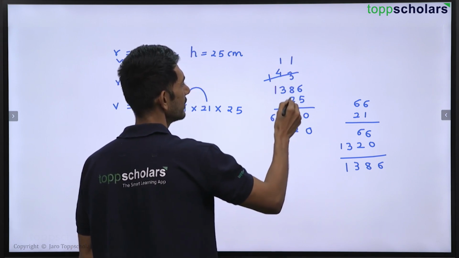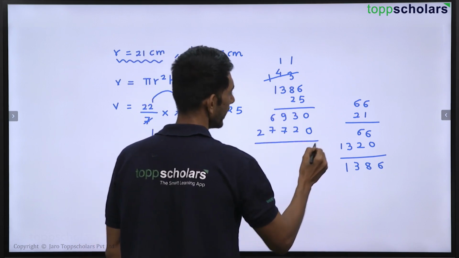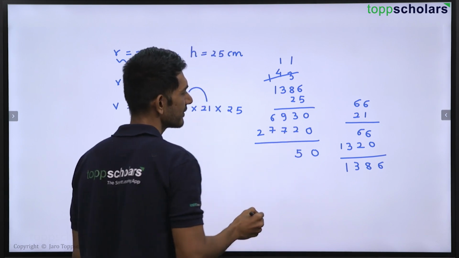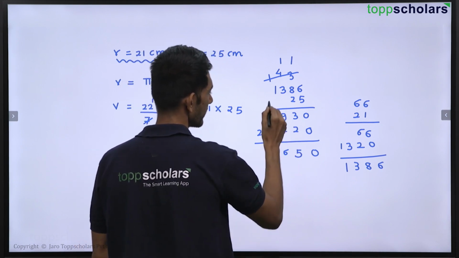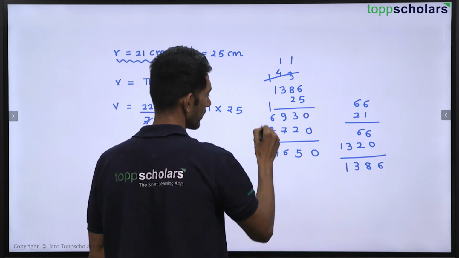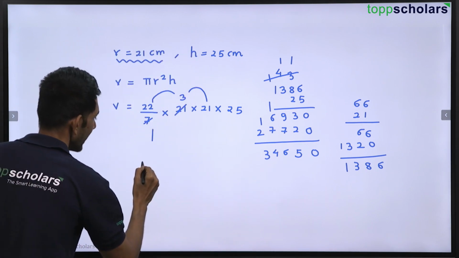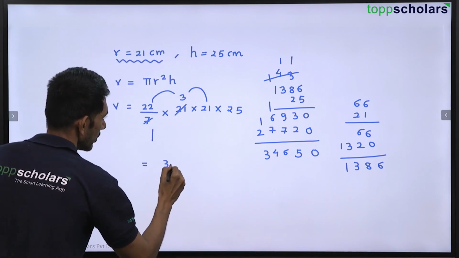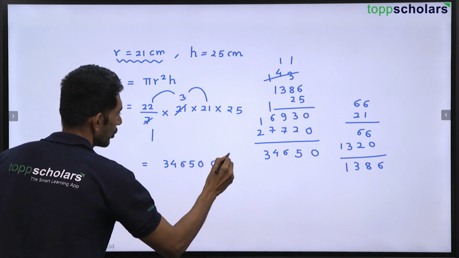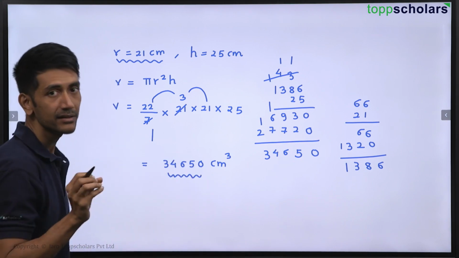Carry 1. 3 twos are 6 plus 1 is 7. Adding up, 0, 5, 9 plus 7 is 16, 7 plus 6 is 13 plus 1 is 14. So we get 34650. So that is equal to 34,650 cubic centimeter. So this is the volume of the required cylinder.